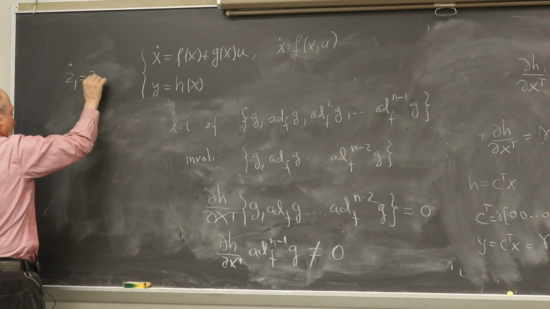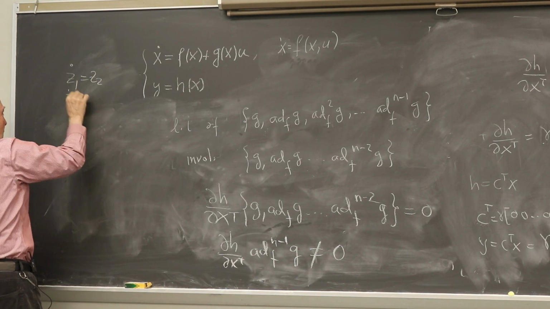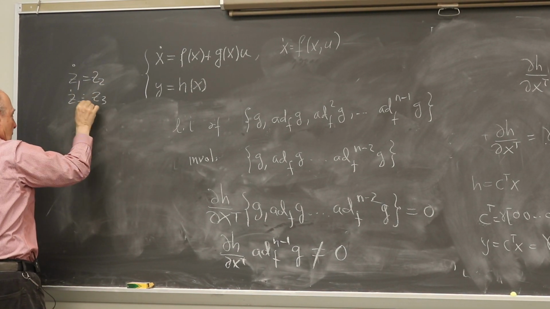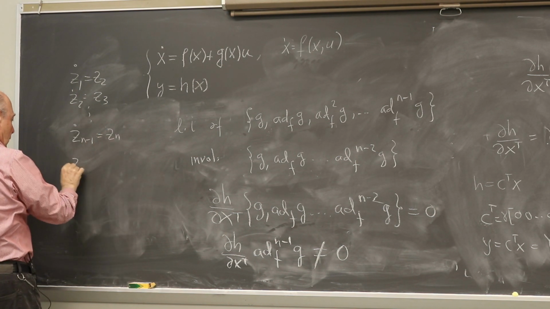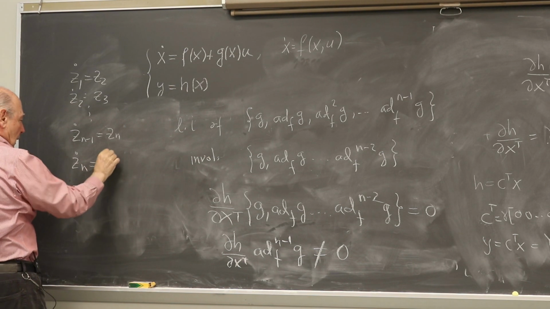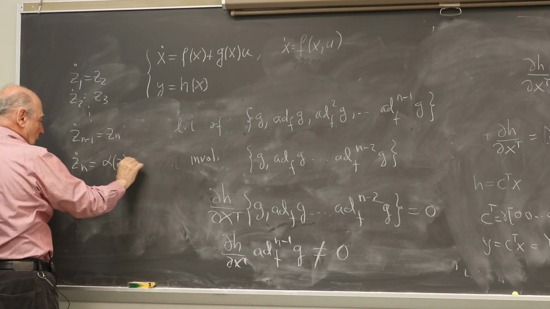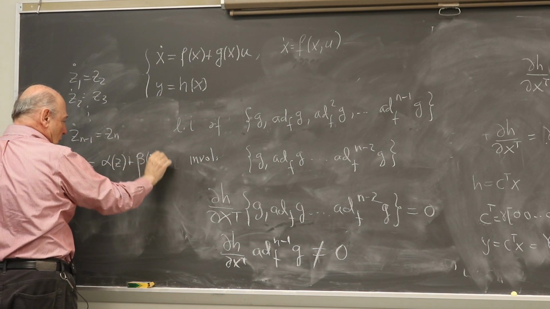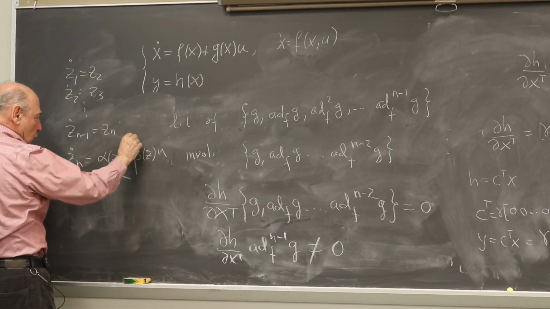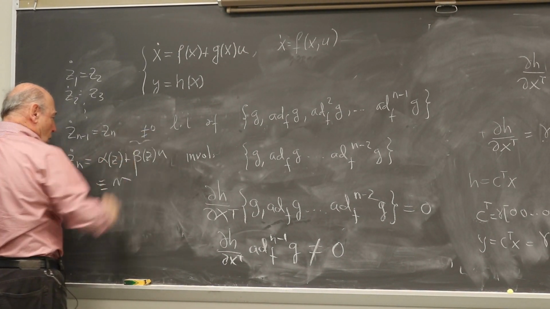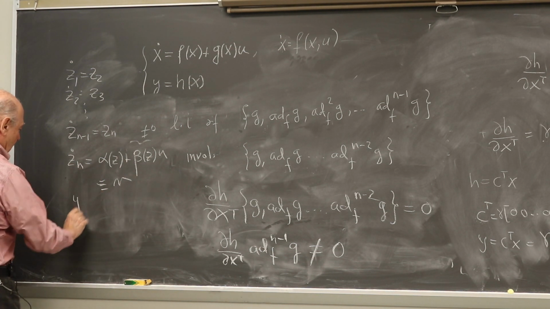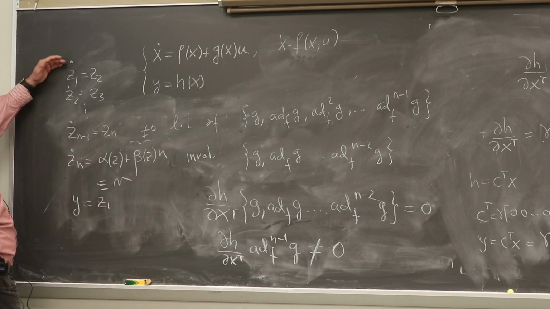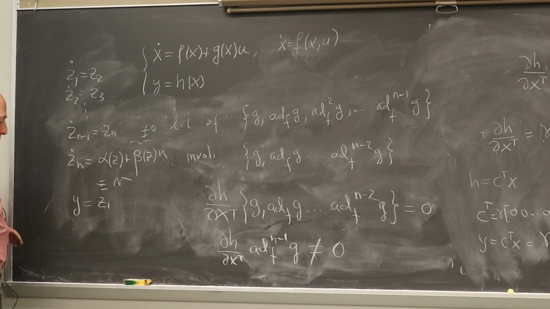So the linear system will be just a chain of integrators of this form. I'll have a nonlinear function of x and a nonlinear function of x times u replaced by v. This will be non-zero locally at least, so I can invert this input coordinate transformation, and the output is nothing but the head of this chain of integrators.